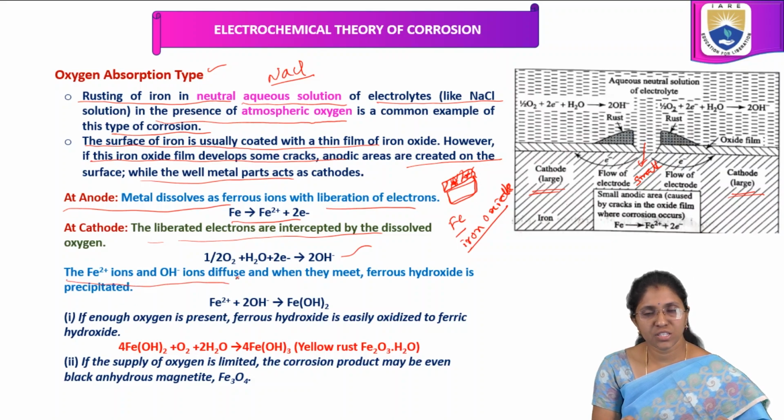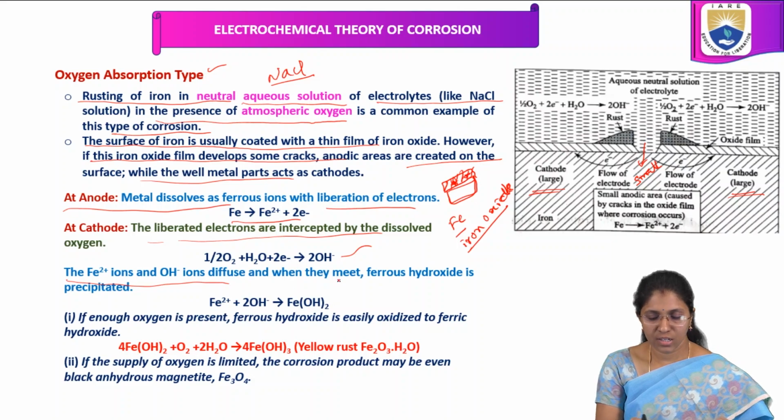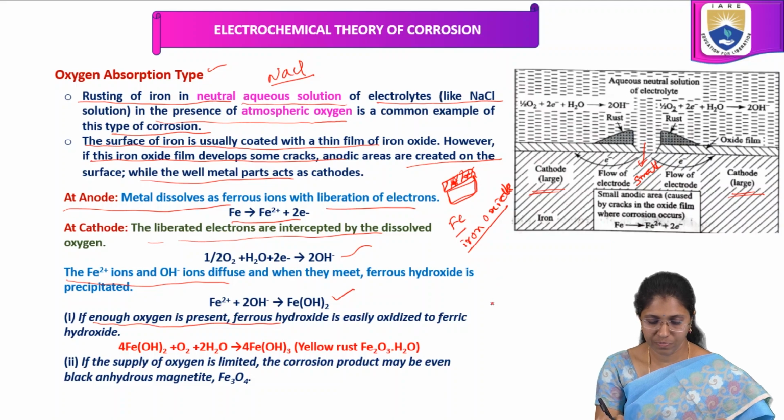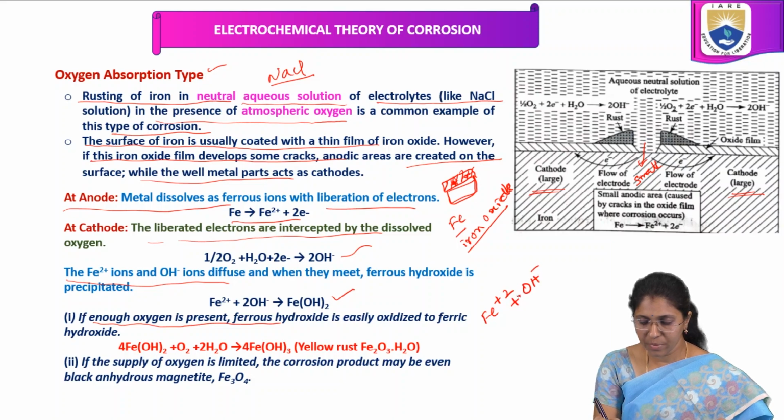So these Fe2+ ions and OH- ions undergo reaction and form Fe(OH)2, ferrous hydroxide. If enough oxygen is present, ferrous hydroxide is easily oxidized to ferric hydroxide. Here Fe2+ is forming at anode, OH- is forming at cathode.